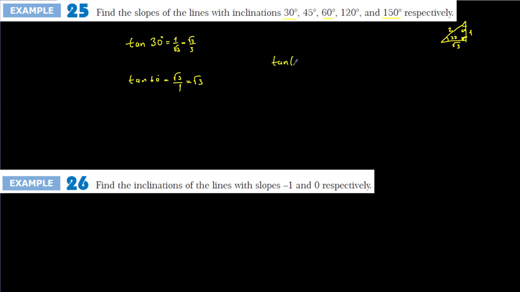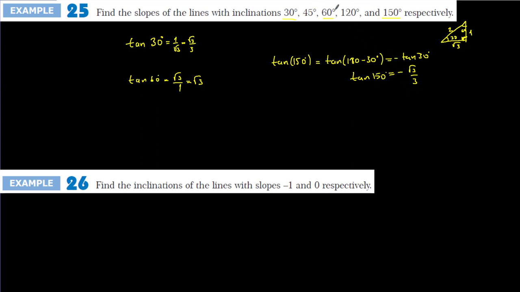If the angle is greater than 90 degrees, the calculation is tangent of 180 minus 30, which is minus tangent 30, equal to minus root 3 over 3. So tangent 150 is equal to minus root 3 over 3.